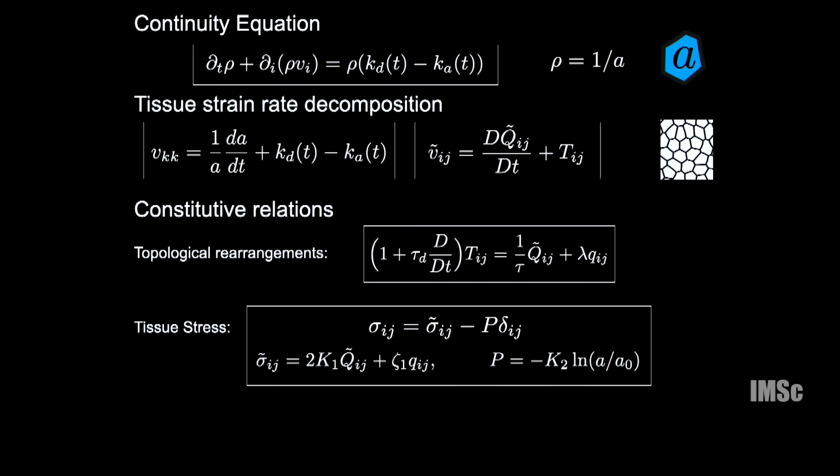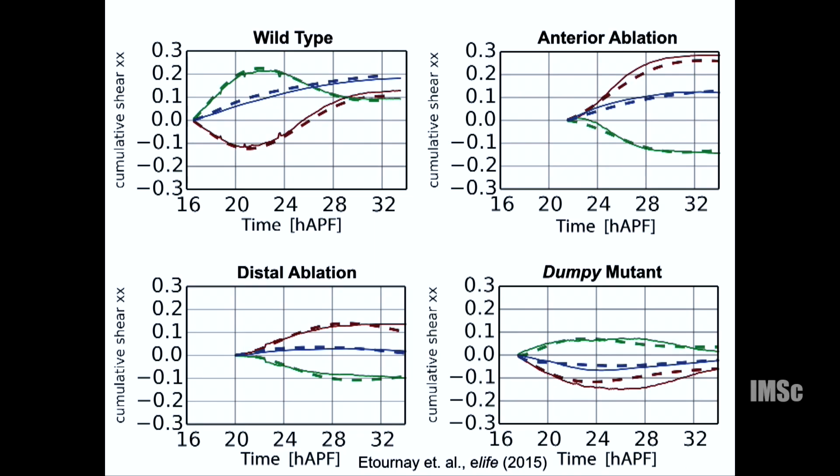I will skip these equations, and the dotted lines are the fits to the experimental data, all fitted together, and you see that we kind of understand on average what leads to this kind of deformation or the shear due to these various quantities like T1 and cell elongation.